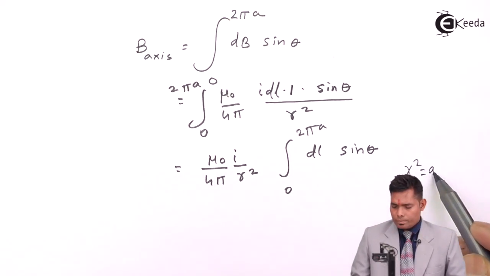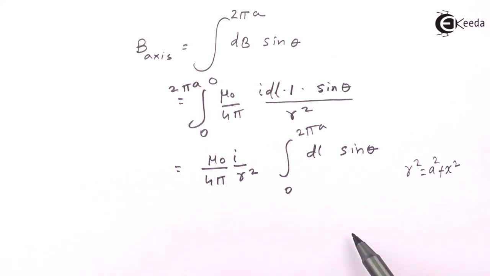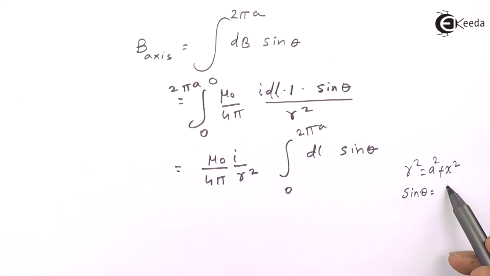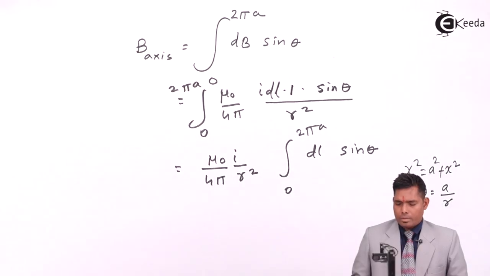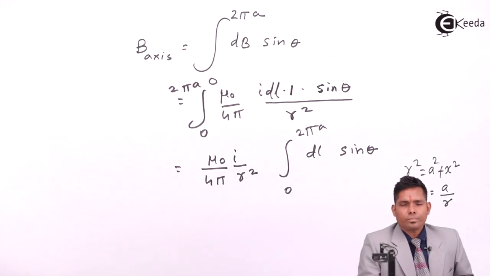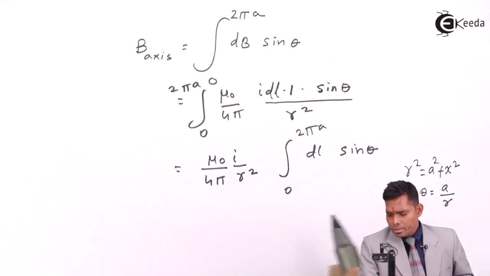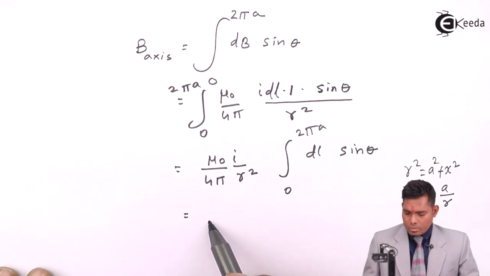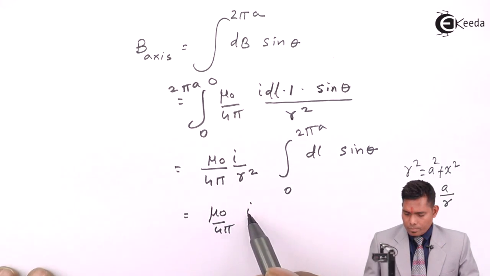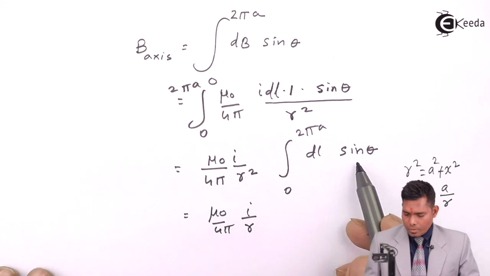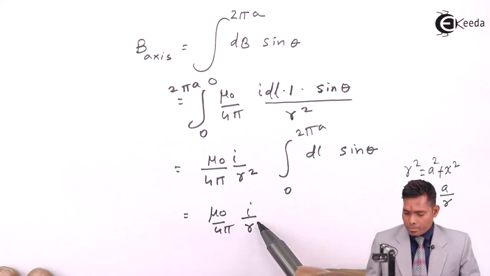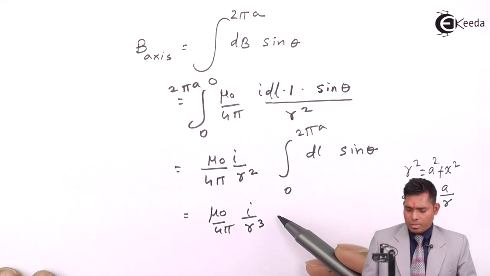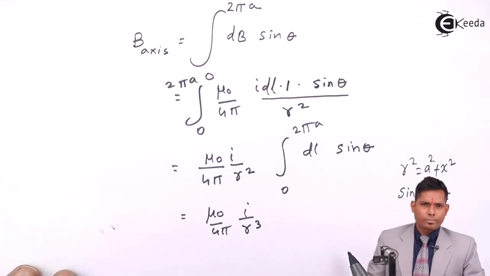And sine theta is A by R, the perpendicular upon the hypotenuse, A by R. So I write A by R here. This R comes out, becomes R cube.